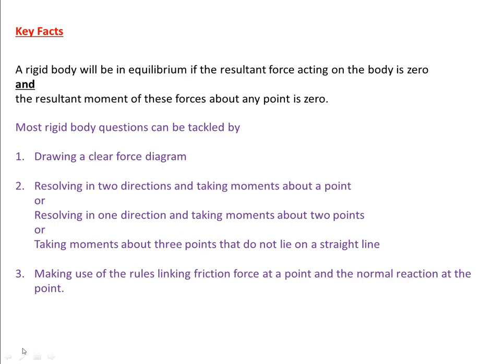If we've got a rigid body which is in equilibrium, then the resultant force acting on the body must be zero, and the resultant moment of these forces about any point must be zero.